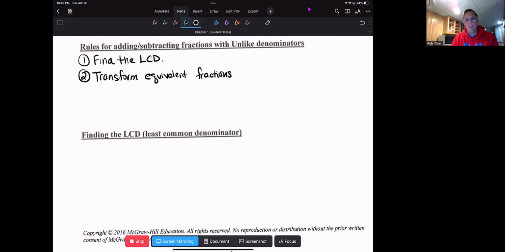Now, a lot of us, when we change the denominator, end up leaving the numerator the way it is, and that's wrong. You have to look at what factor it is, and we'll get into that in an example here. We're going to transform the equivalent fractions, and then we're going to simplify, which can mean a bunch of things: add, subtract, and also put it in lowest terms.